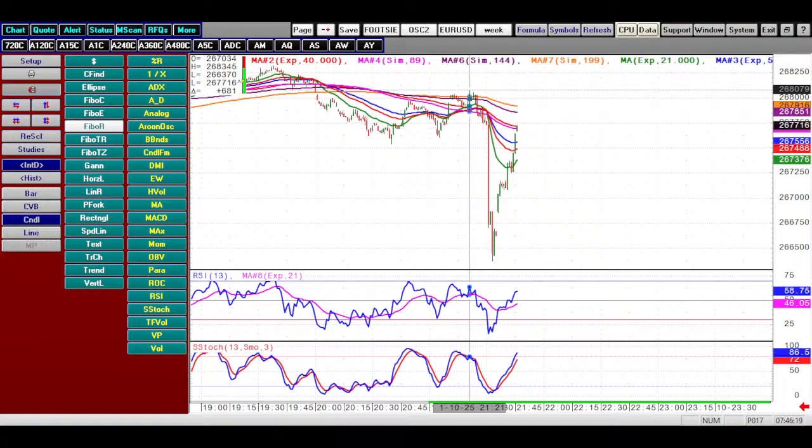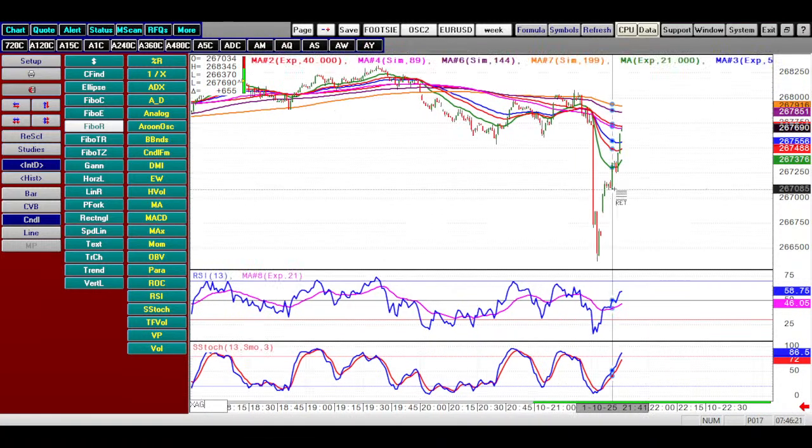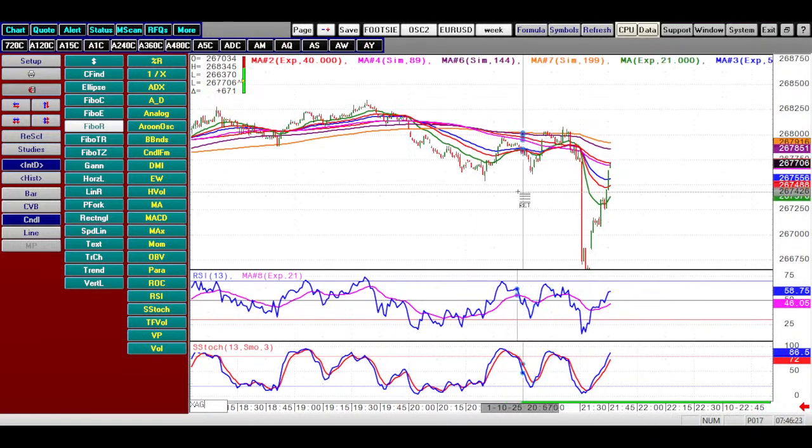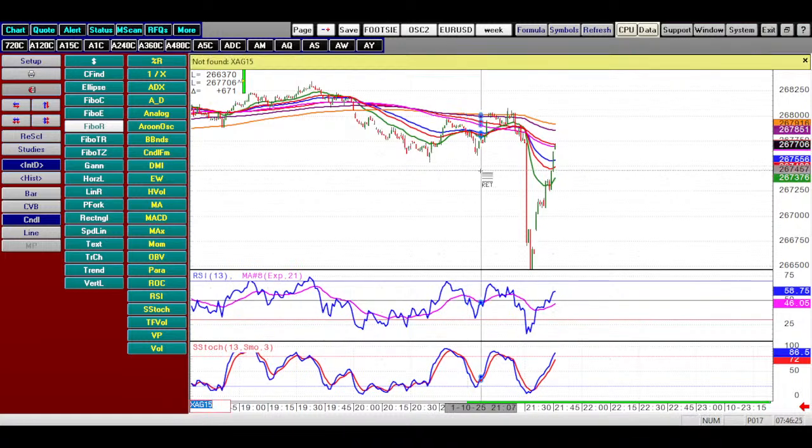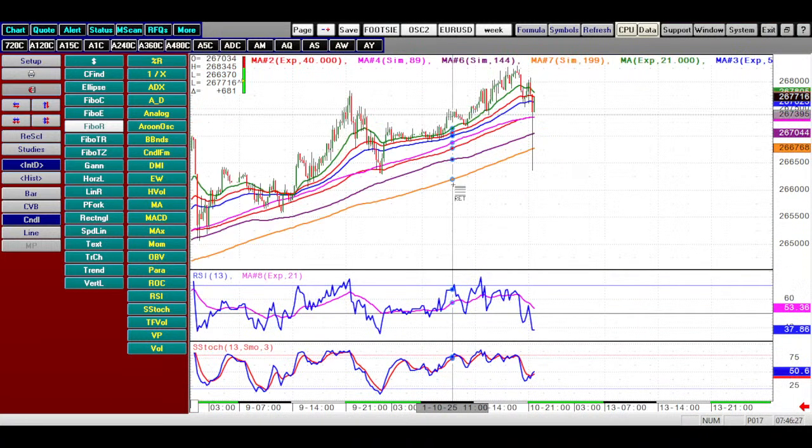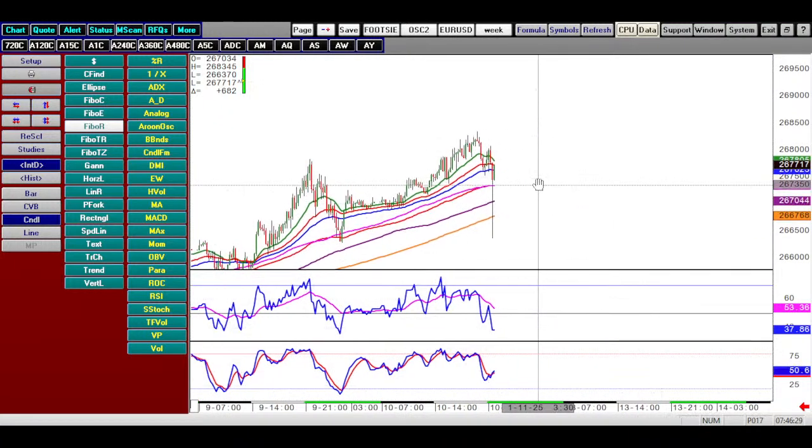Can you see the chart? Now the 15 minutes is over.